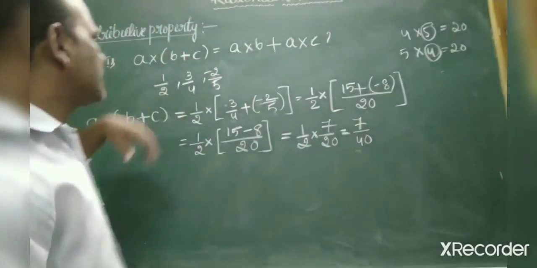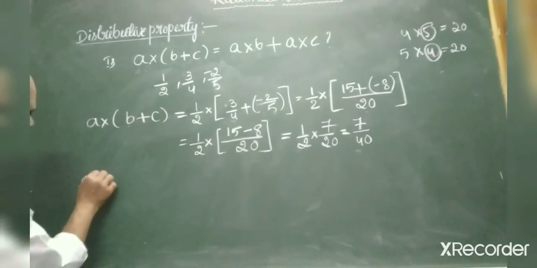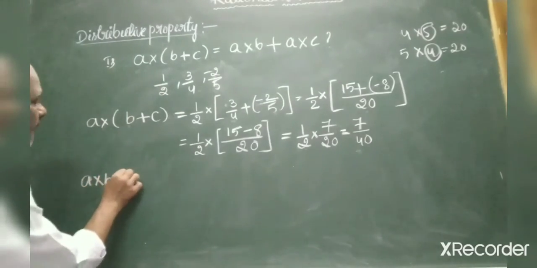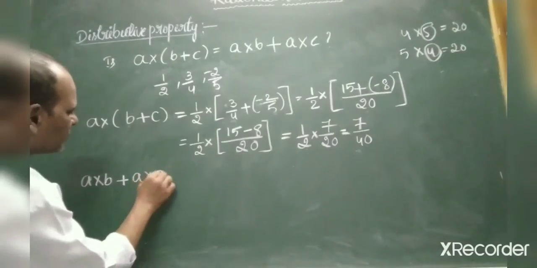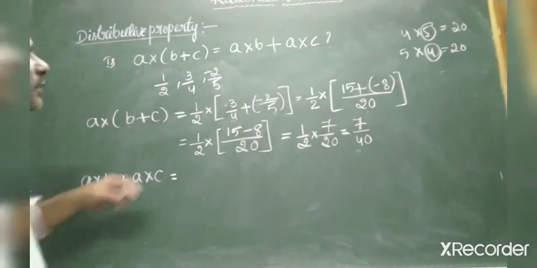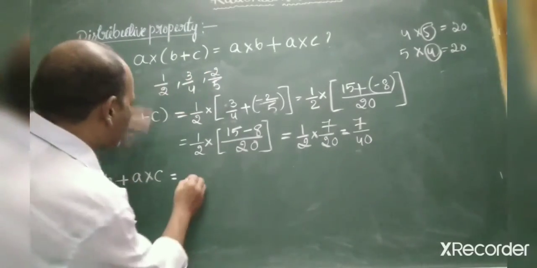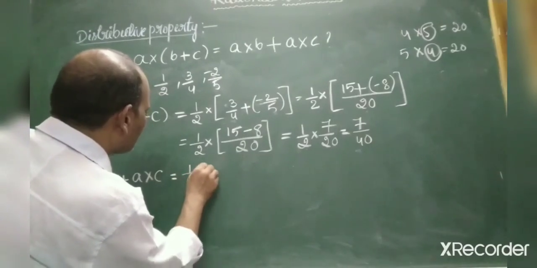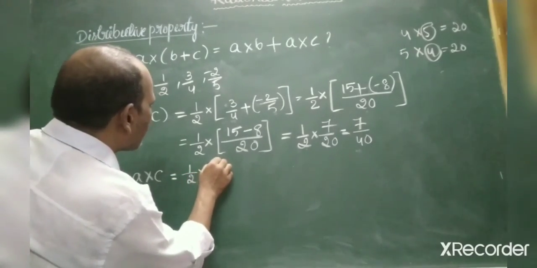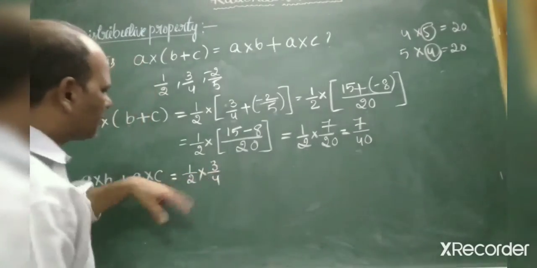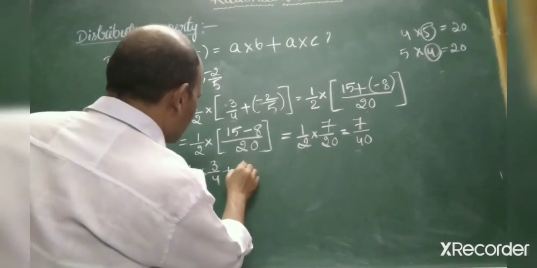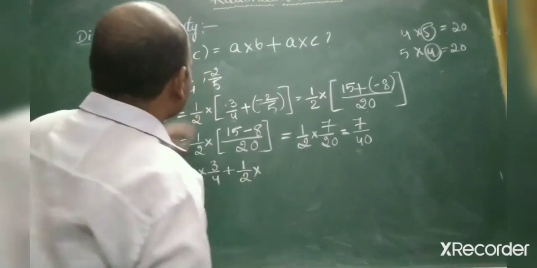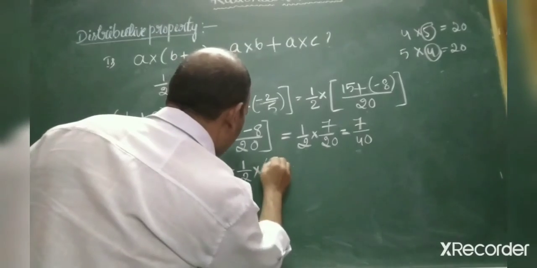Now come to the right hand side. A into B plus A into C is equal to A is 1 by 2, 1 by 2 into 3 by 4, A into B plus A into C, C is minus 2 by 5.